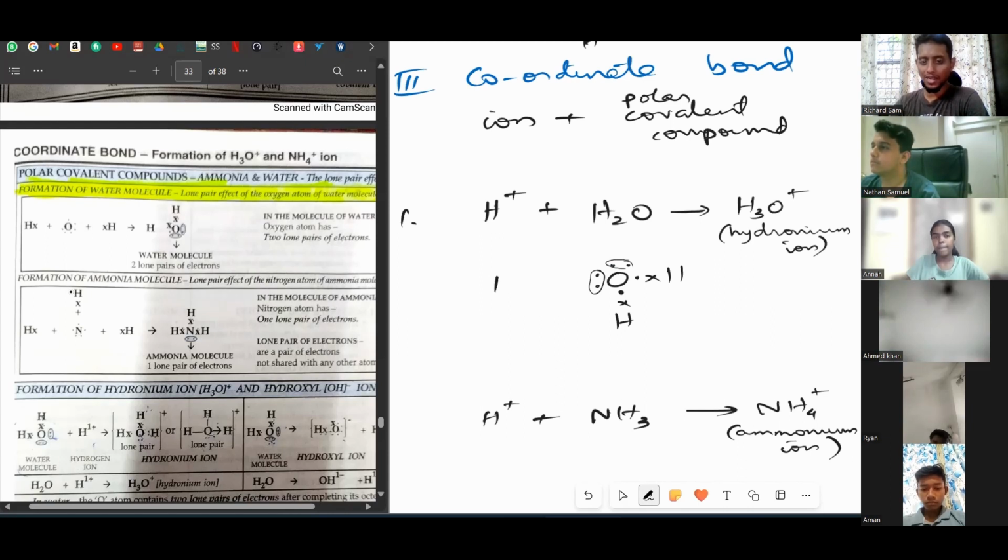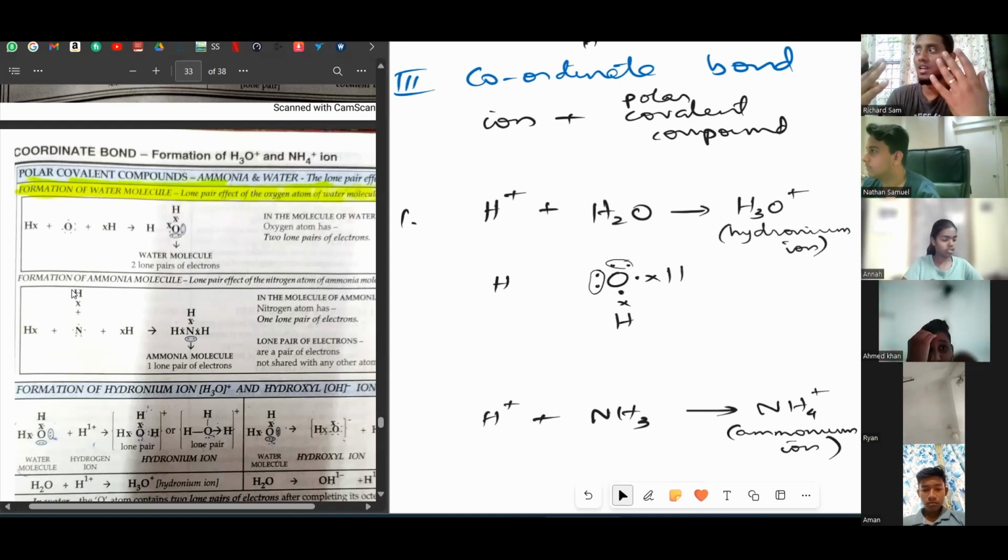Okay. Now when this hydrogen ion comes over here, what is a hydrogen ion actually? Normally hydrogen has 1 electron in the outermost orbit. How does it become H plus? Tell loudly.